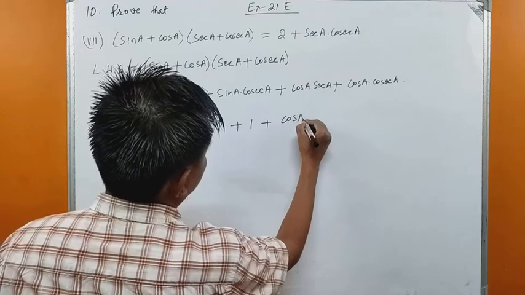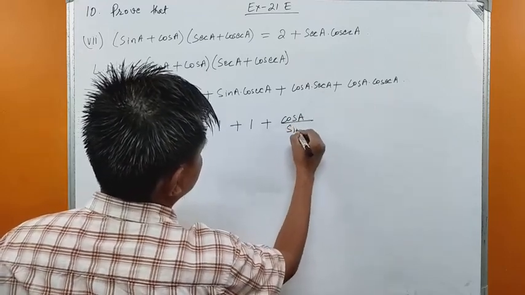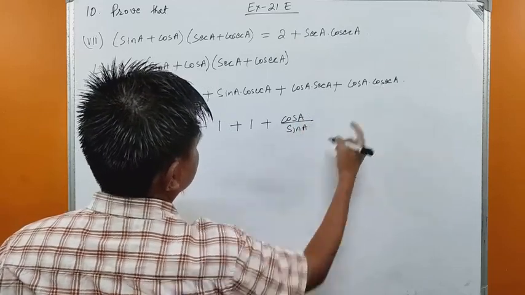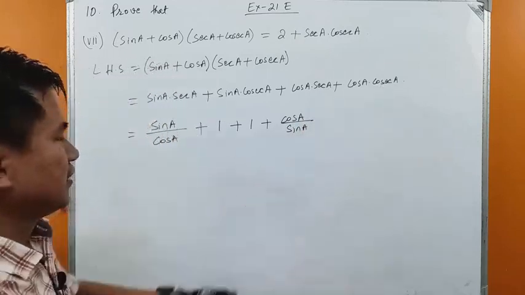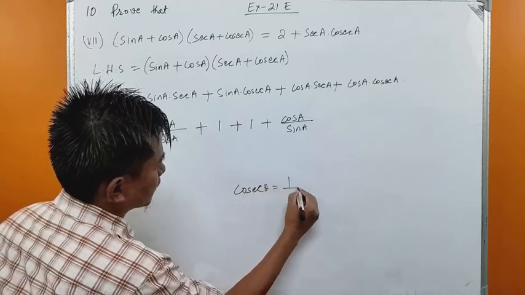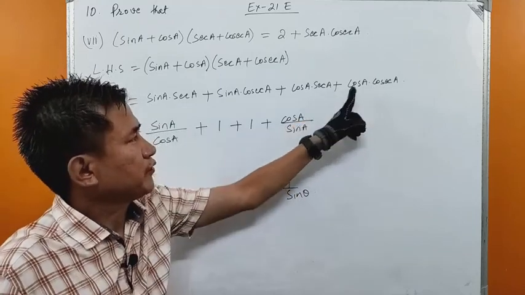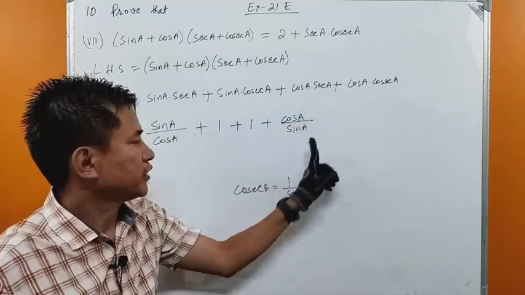Now cosec A means 1 upon sin A, isn't it? Cosec theta equals 1 upon sin theta. So cosec A, if I bring this cosec A down to the denominator, it becomes sin A.